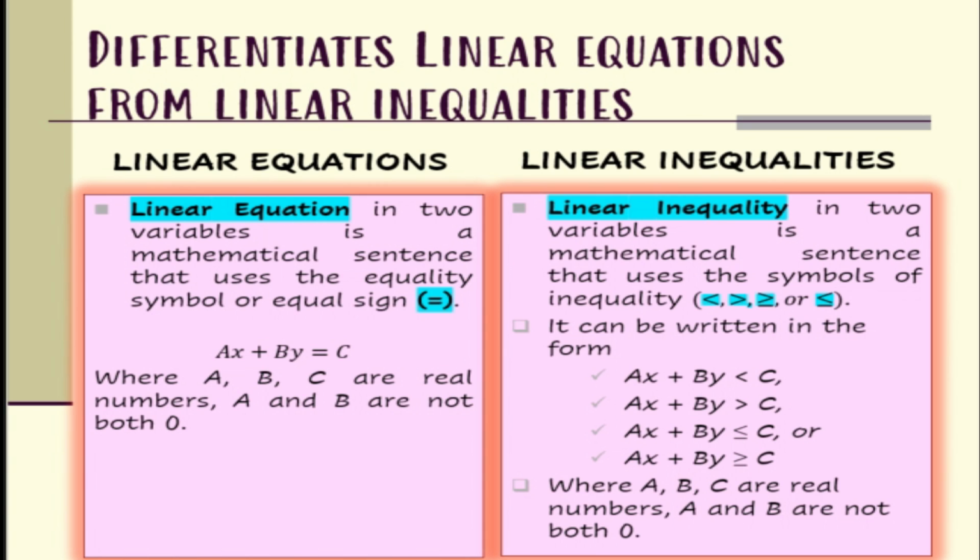It can be written in the forms ax plus by less than c, ax plus by greater than c, ax plus by is less than or equal to c, or ax plus by is greater than or equal to c, where a, b, and c are real numbers. A and b are not both 0.